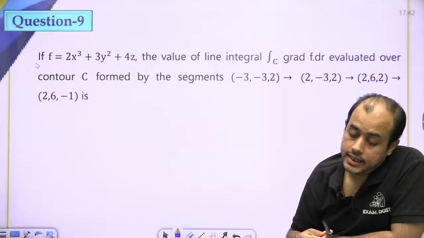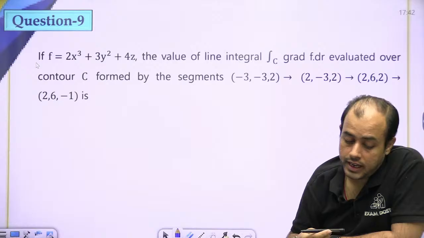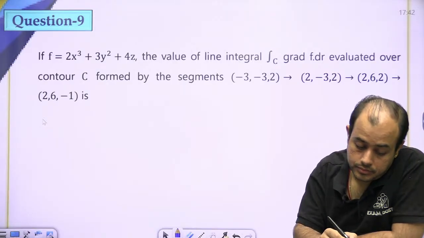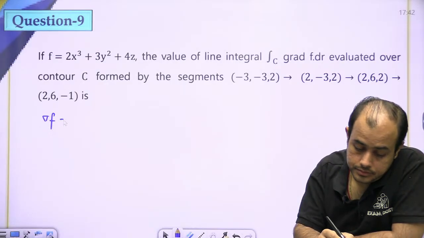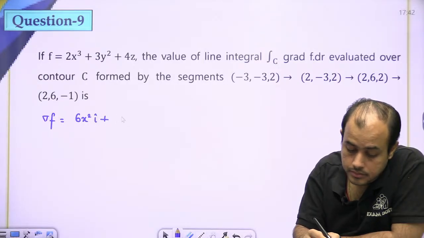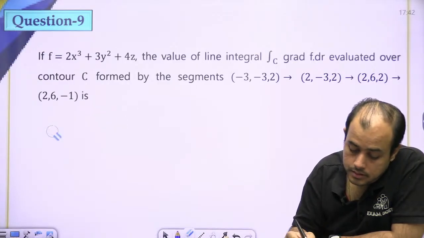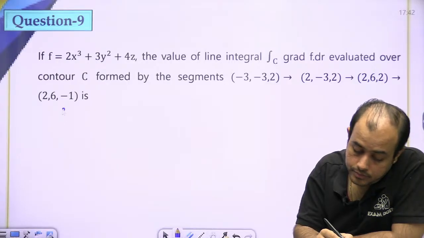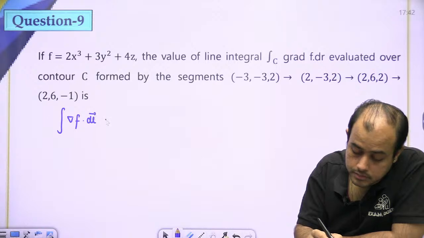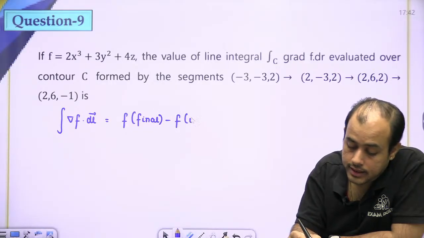F is given, I need the integral of gradient of f dot dr over the contour. Look, if you compute f at the final point minus f at the initial point.